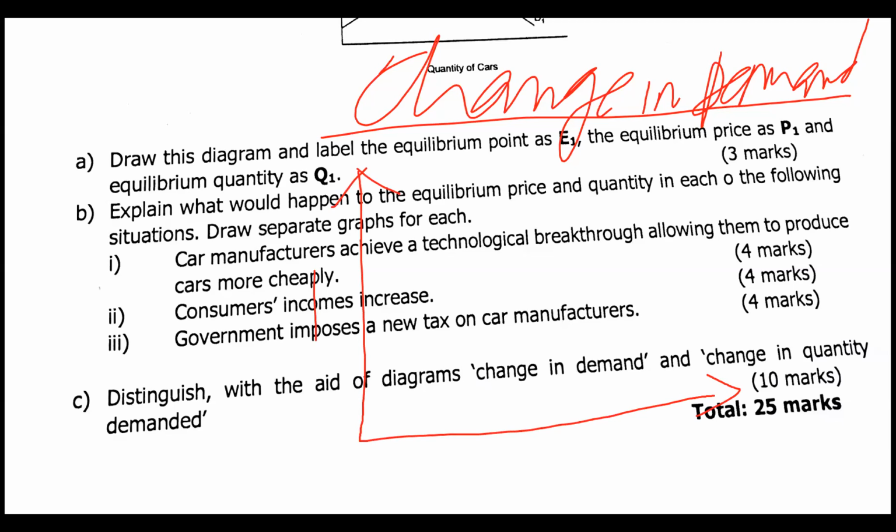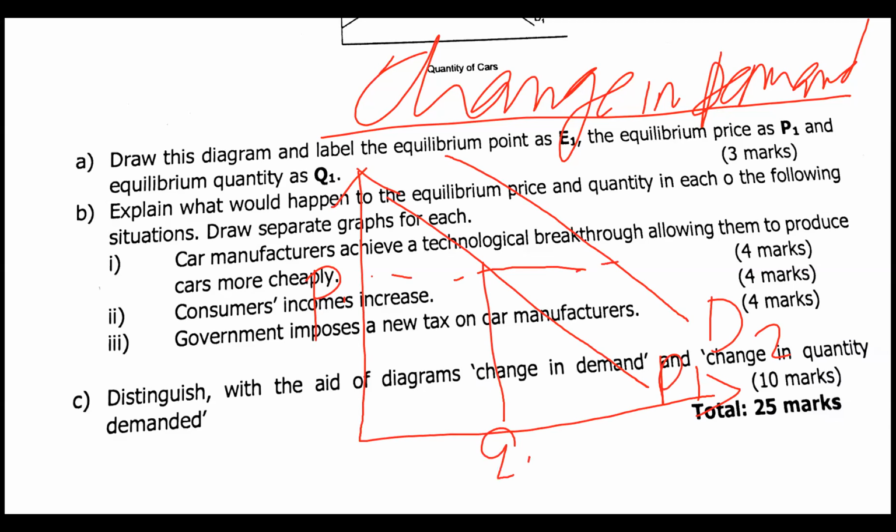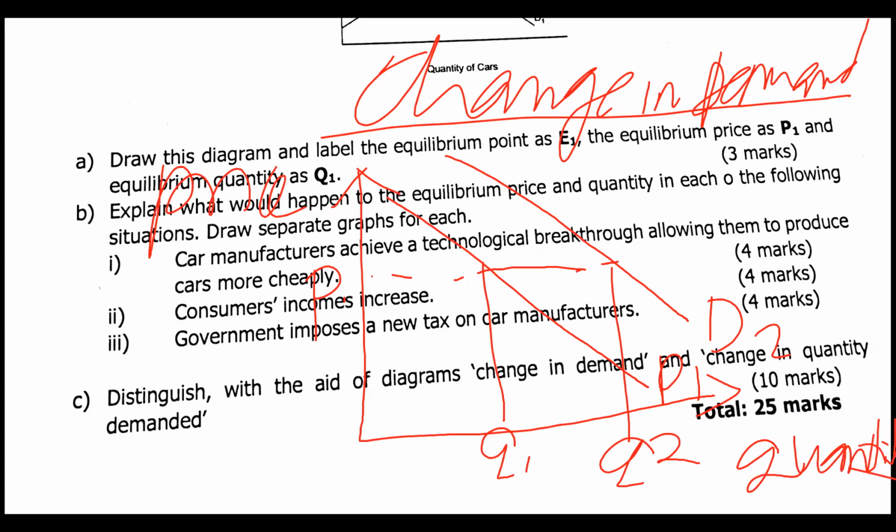You can see that we hold the price constant at P1. Then the demand is here as demand 1. You can move the demand to demand 2, like that: change in demand at the same price. So you see quantity 1, and quantity 2. Clear? You label it price and quantity here. What is happening is that the price has not changed.